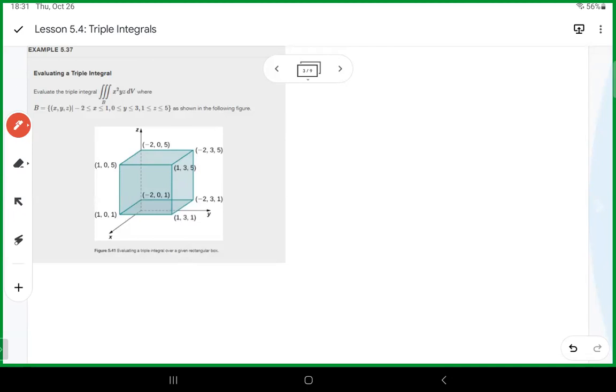We'll do our best. So 1 to 5, and then -2 to 1, and then 0 to 3, x squared y z, and then dy dx dz. All right, so then we're going to go 1 to 5, -2 to 1.